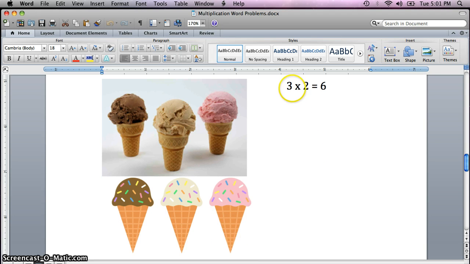So you're going to multiply the 3 different kinds of ice cream flavors you have by the 2 different options of cones to get 6 total possibilities of ice creams you can have. You could also do repeated addition by doing 2 plus 2 plus 2 in order to get the 6 as well.